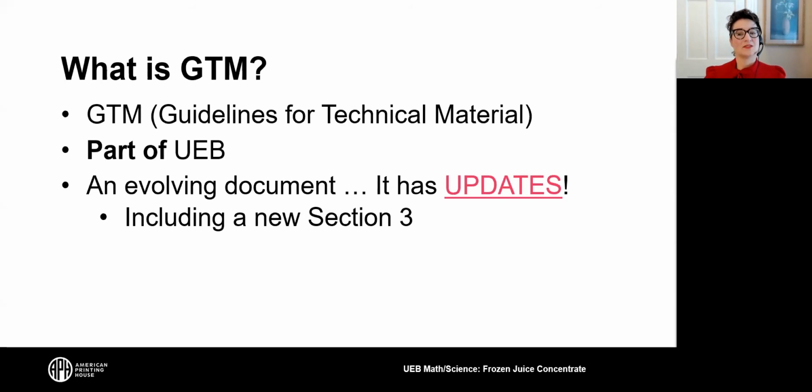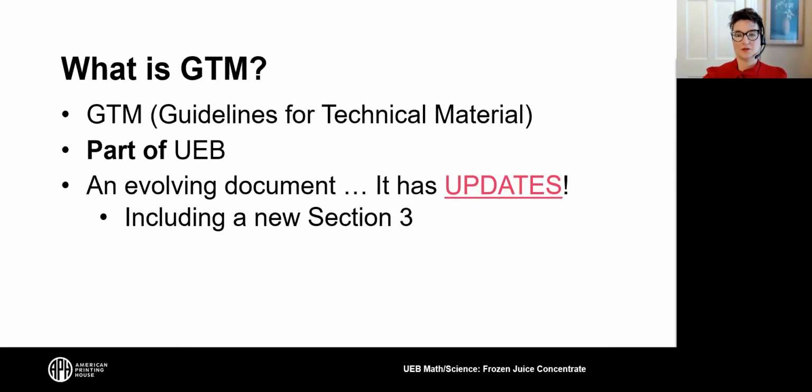And when guidelines for technical material talks about line mode, it basically says, hey, these concepts were introduced in rules of UEB section something. And here's more information about it, because one more time, the guidelines for technical material is part of the greater unified English Braille code. It's all one code.